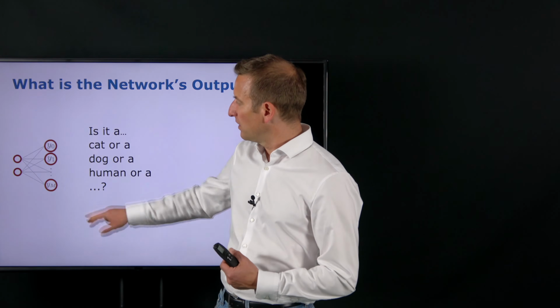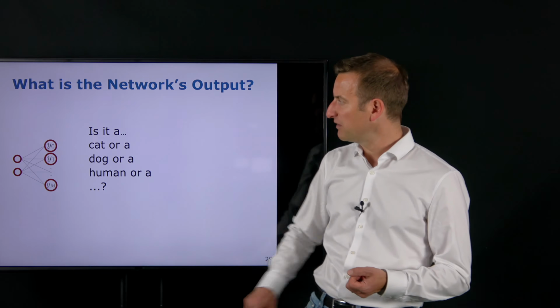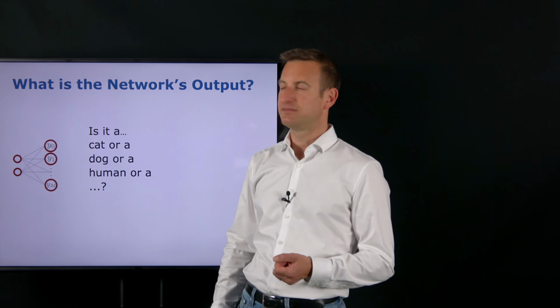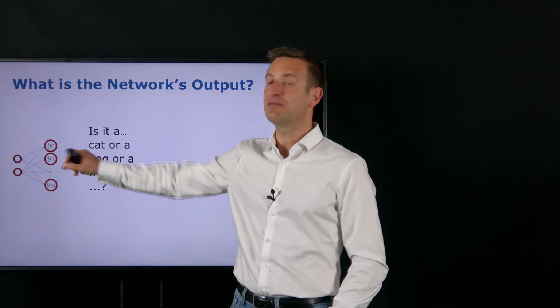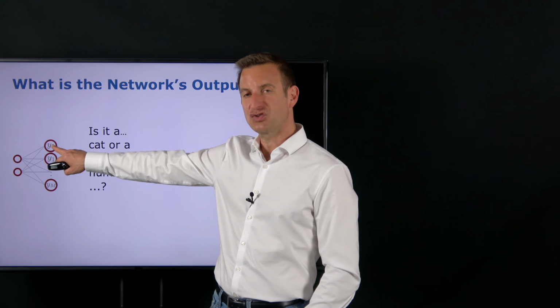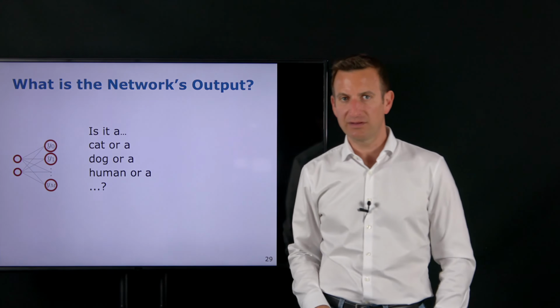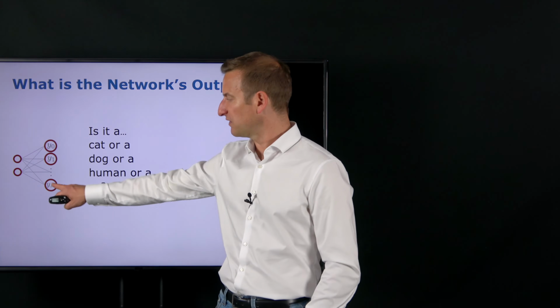If you look into the first element of the output neuron here, it basically says, is this a cat? If this is a cat, this should have a high value, and if it's not a cat, it should have a low value. Or is it a dog? If it's a dog, cat should have a low value, and dog should have a high value, or 1 and 0. Or if it's a human, or if it's something else.